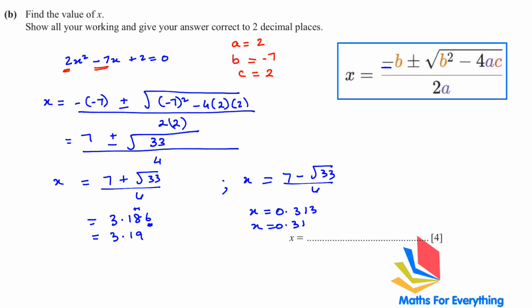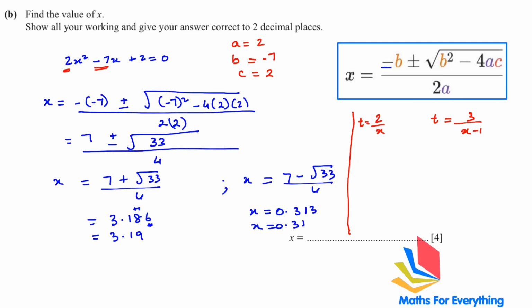We are asked to find only one value of x. So which is the right value, 3.19 or 0.31? Let's just remember what our equations were. We had 2 over x, the time, and the other equation for time was 3 over x minus 1.